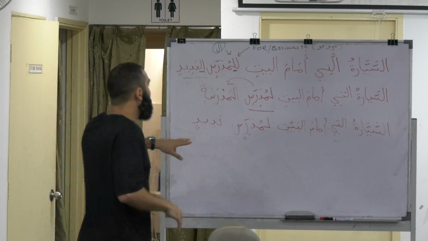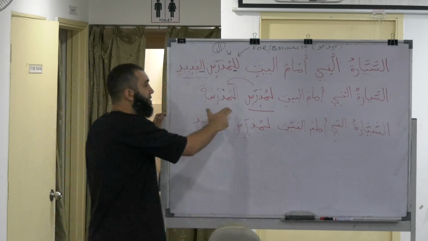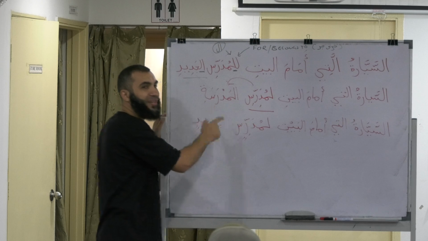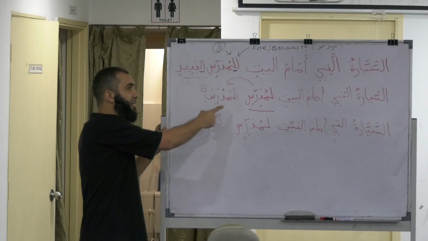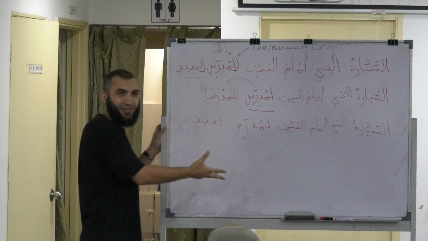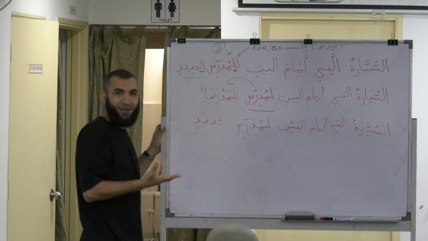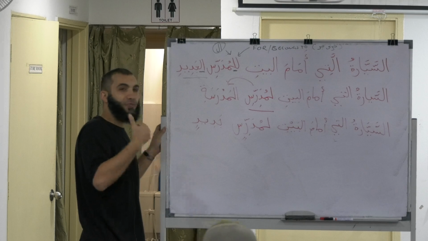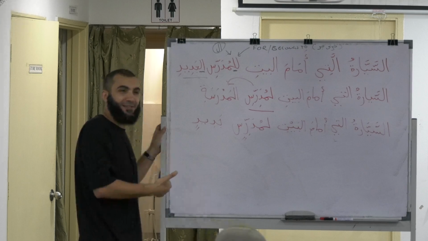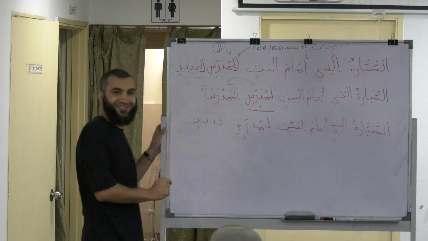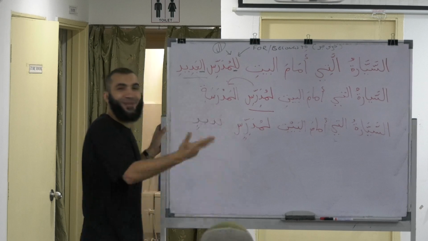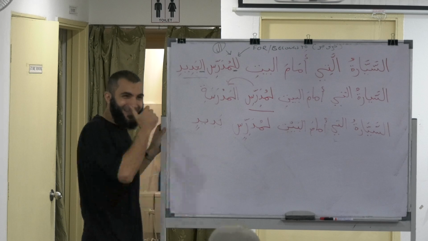Because in terms of the word mudarris, when we say mudarrisil madrasa, it's unspecified because it doesn't have alif lam. That's right. But in terms of the meaning, it's specific because we know which teacher, it's the teacher of the school. Inside the school, we don't know which teacher. Do you know what I mean?